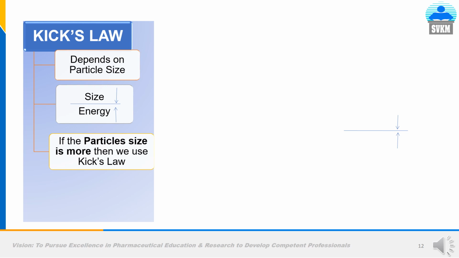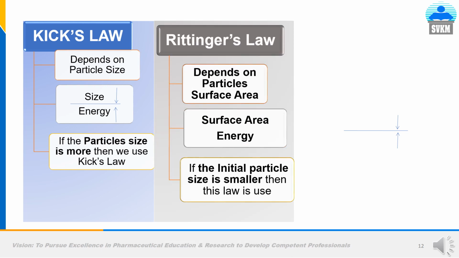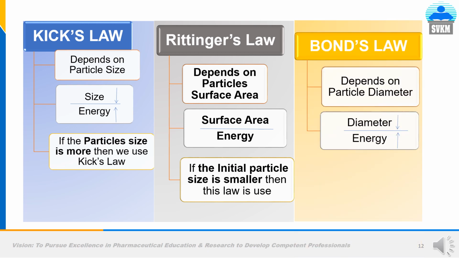We'll see the comparison between the three laws. What does Kick's law say? Kick's law says the energy required depends on particle size, the initial particle size and final particle size. Here is the relationship between size and energy. As energy increases, the size of particles decreases in case of Kick's law.